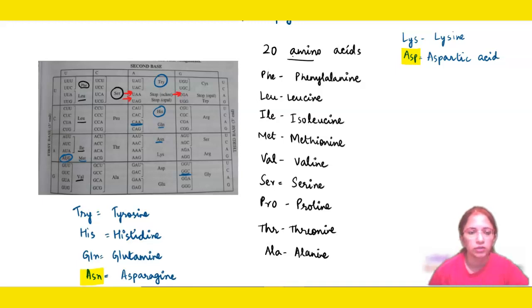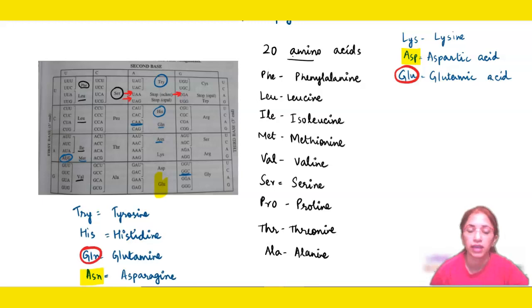Right? Now the next one is glutamic acid. So GLU, it is glutamic acid. Again, the important point to be noted here, this is GLN, this is GLU. So GLU is glutamic acid. Again, it's a dicarboxylic amino acid.